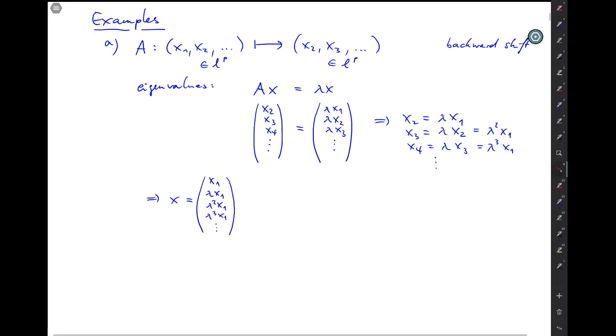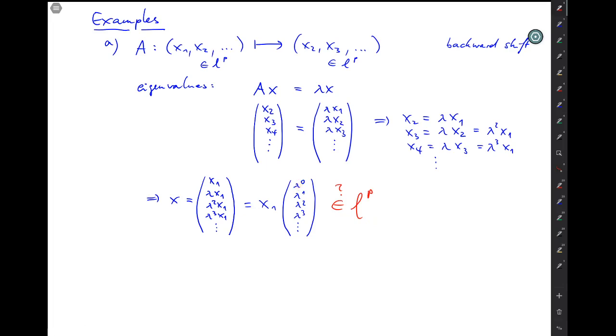You can roll it all back to your initial value x1, and because that's just a number, you can get it out as a factor. Before you can call x an eigenvector and lambda an eigenvalue, you have to make sure this is actually an element of your space lp. This condition will give you conditions on the location of lambda in the complex plane.